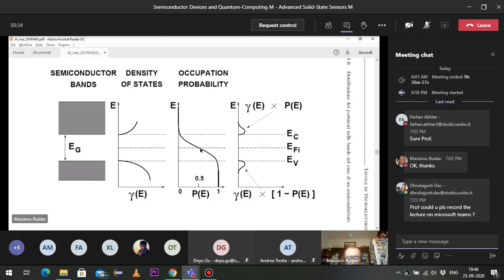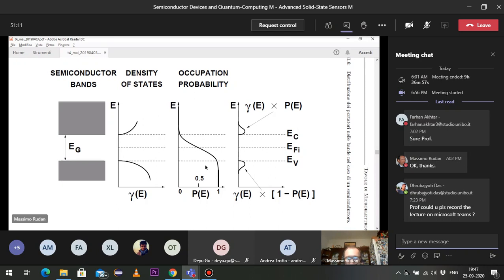Then it goes to 1/2, then to 0, and then it is equally, identically 0 above the Fermi level. So we know that all states of the conduction band at 0 Kelvin are completely empty, and all states of the valence band at 0 Kelvin are completely filled, because the Fermi statistics is a box.